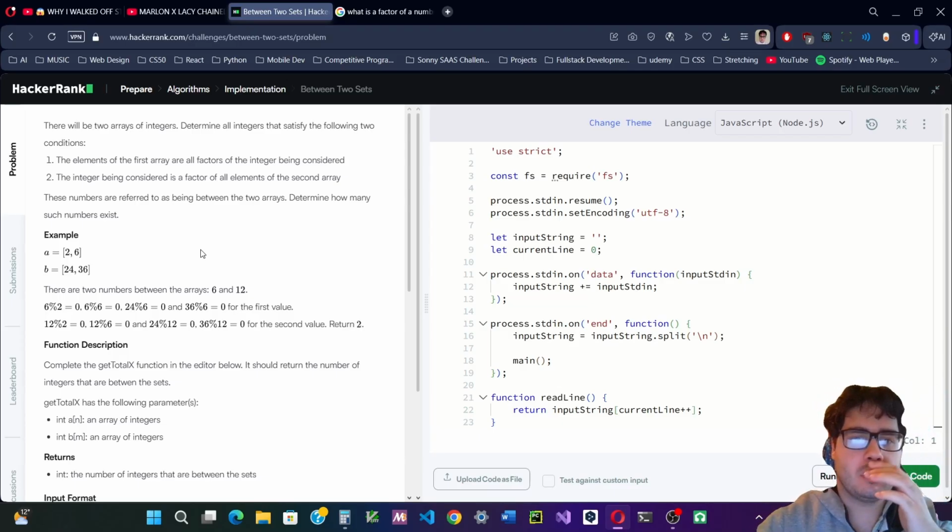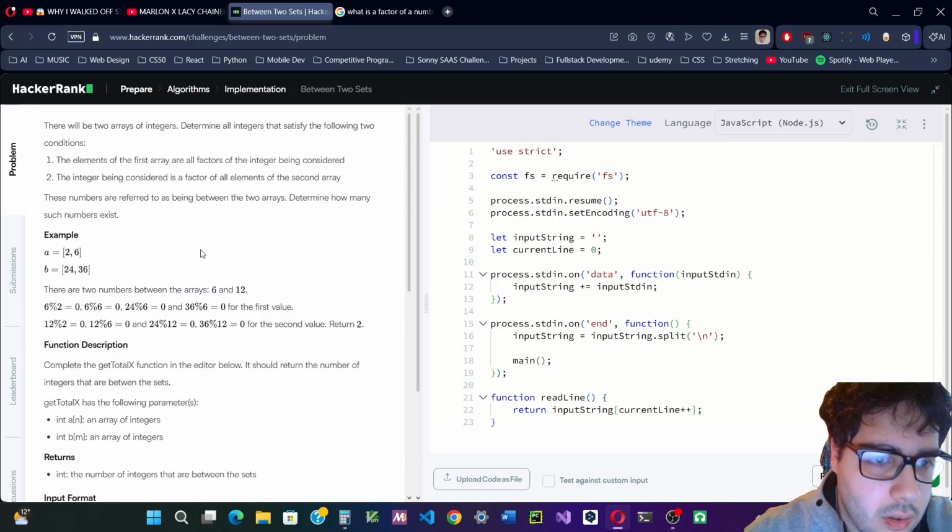So we get 6 from the first array, the factor of all elements of the second array. The integer being considered is a factor of all elements of the second array.